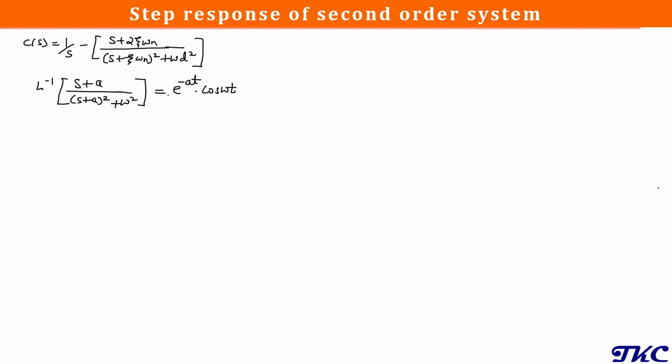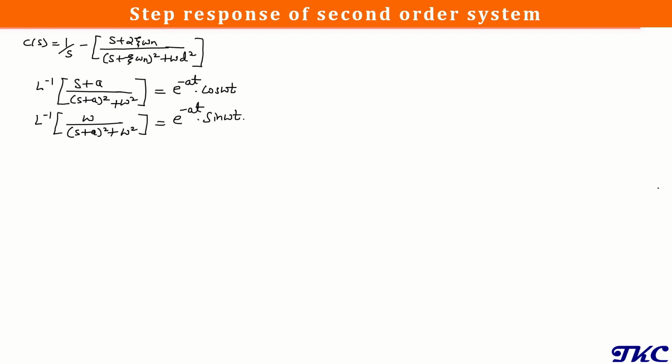So this is one of the properties that we can use. Similarly, we can also use the Laplace inverse of omega by s plus a the whole square plus omega square, and this will be equal to e raised to minus at into sine of omega t. So we will be using these two properties in order to find the Laplace inverse of this term.